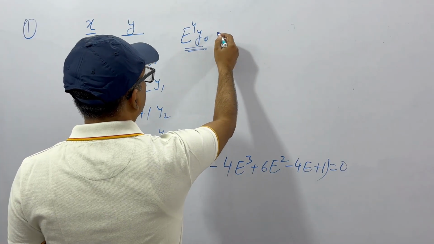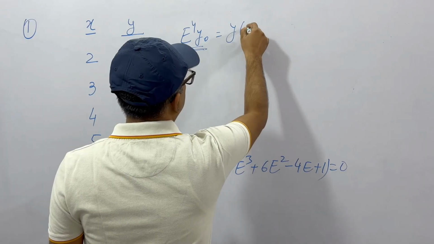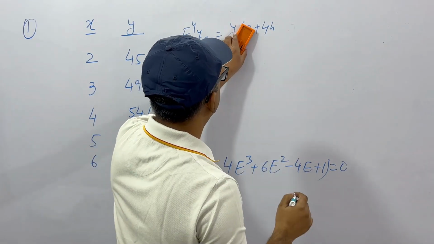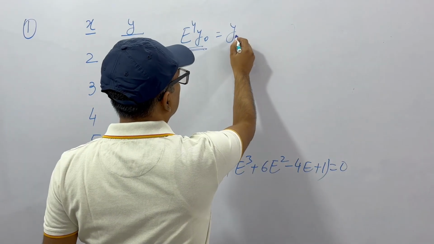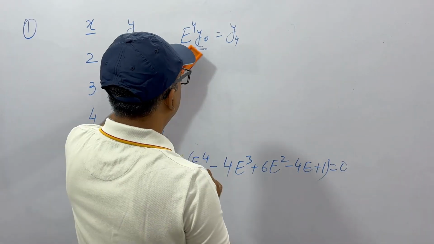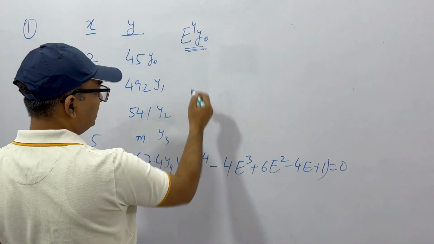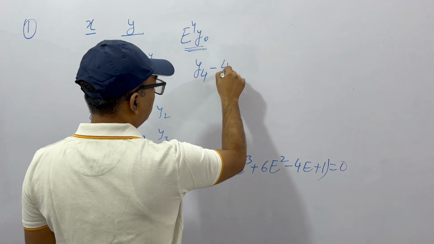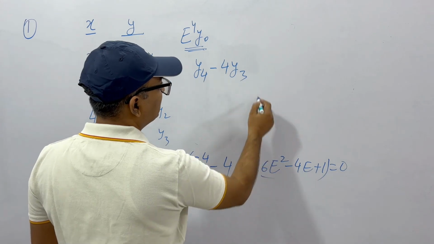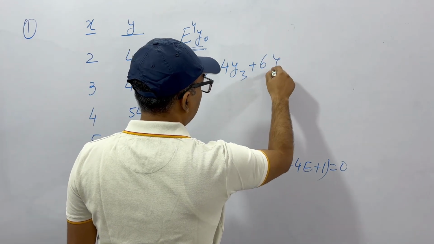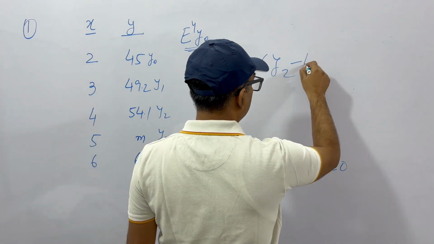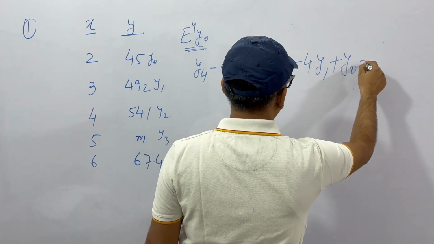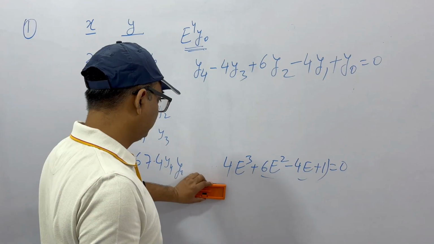So E4, we can write as 0 plus 4h in the subscript, that is y4. So this term comes to y4 minus 4y3 plus 6y2 minus 4y1 plus y0 equal to 0. So this is our equation.